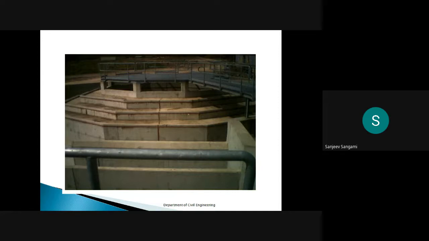Here also you can see the steps. Sometimes it will be circular in nature, most of the time, but you can go ahead with this diagram also. Till here it will be flat, and here also it will be flat.